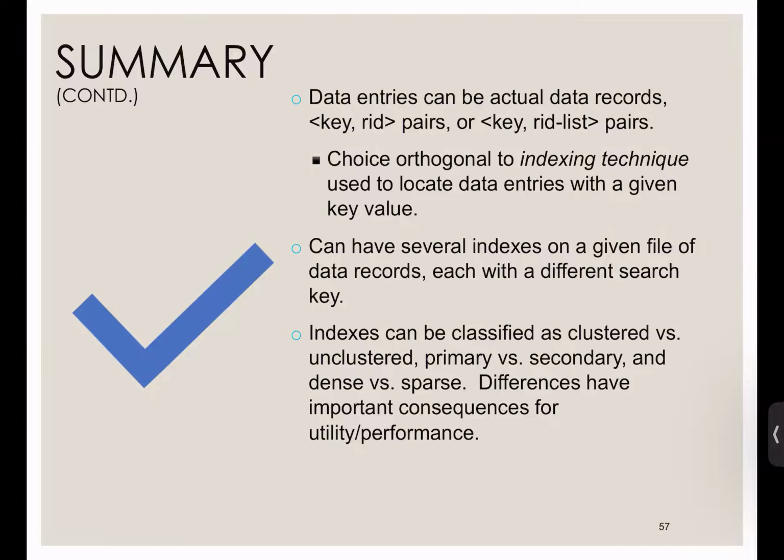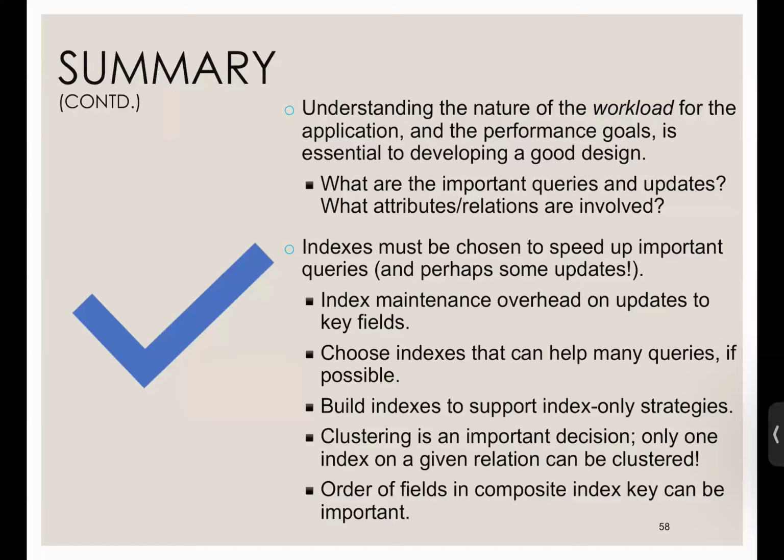And we have clustered index. We learned about clustered, unclustered, primary versus secondary, dense index, sparse index. All the differences are from different points of view, but they actually reflect the performance of your index as well.